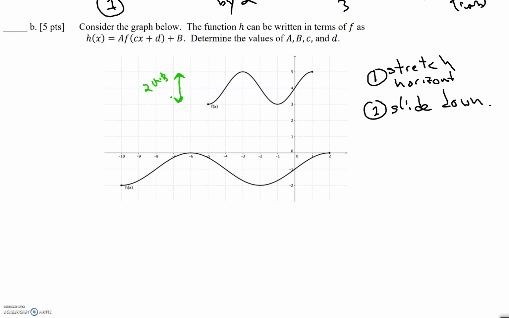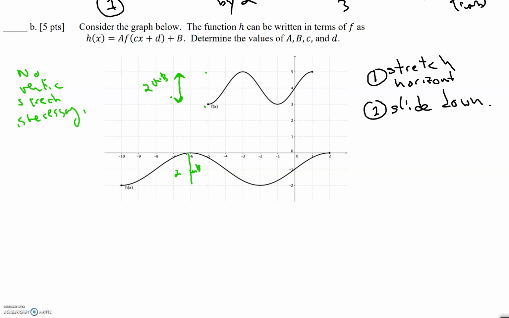And do you see that that same vertical distance from trough to crest of this function is still 2 units? So no vertical stretching or shrinking is necessary. Okay, so that's why I don't think I need any kind of vertical stretching or shrinking.